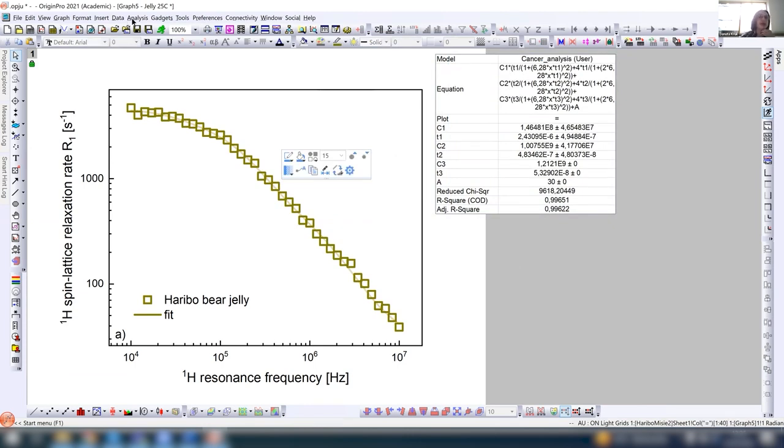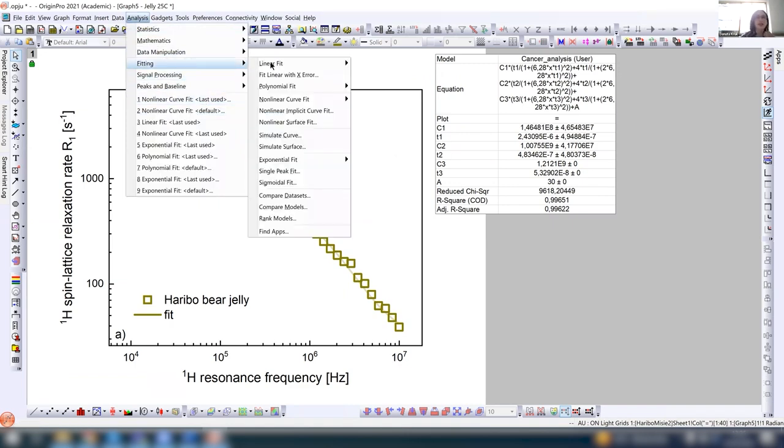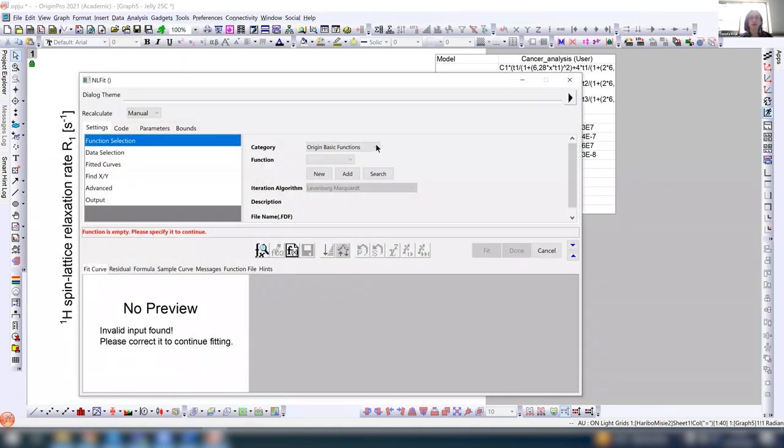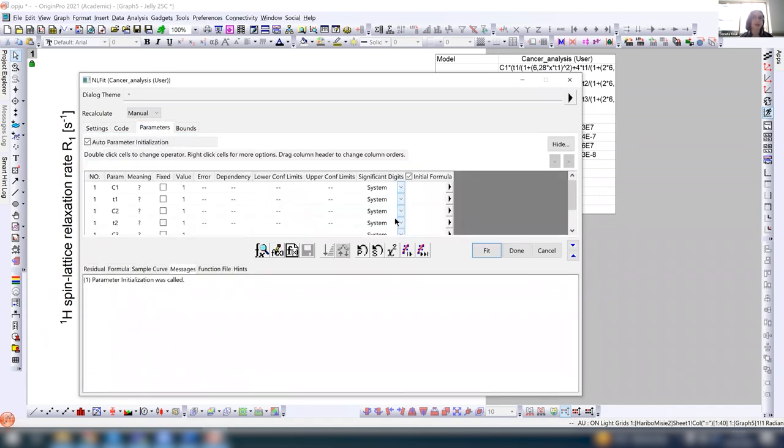Let me make such a thing. Analysis. Fitting, again, nonlinear curve fit, open dialog, and I will show you something. This is this thing, and parameters. So now let us proceed in this way. This is 0, this is 0, this is 0. I will draw only one contribution. This is 0, and those are fixed.